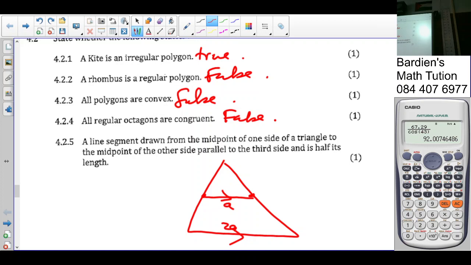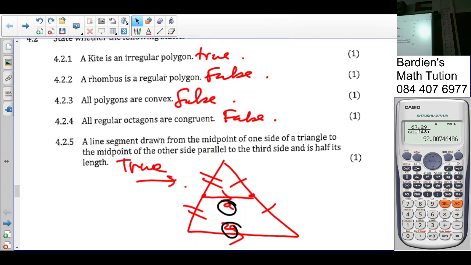The midpoint is already qualifying that that is equal. Not so? And if that is equal, we know that that is going to be double that length. Or the shorter length is half the longer length. You all agree with that? So is it true or false? True. You all okay with it? Right.